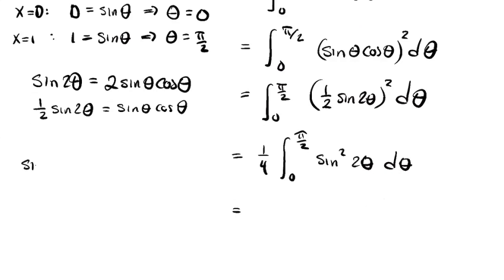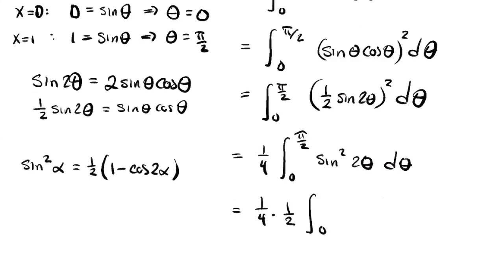The sine squared of an angle, we've talked about this before, is 1/2 times the quantity 1 minus the cosine of 2 times that angle. So I'm going to put that in here. The 1/2 is a constant. I'll bring it out front. And I'm going to replace that sine squared of 2 theta with 1 minus the cosine of 2 times 2 theta. That's 4 theta.